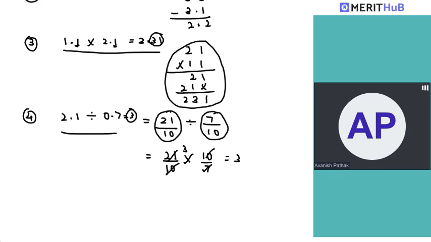Right. Now, the next topic that we are going for under this head is the types of numbers. Under the types of numbers, we also have fractions. Fractions is something where it's written in the form of p by q, where p and q are both integers.